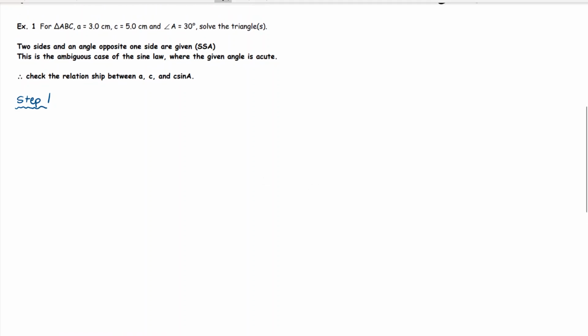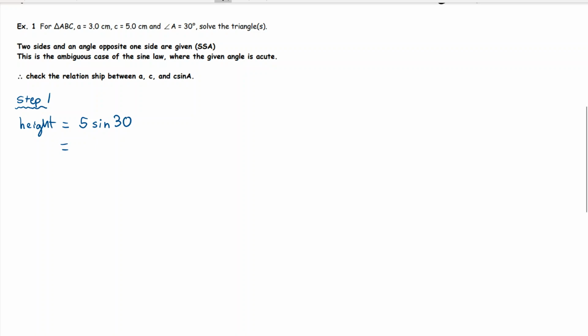So I'm going to look for the height of the triangle, and that's going to equal the opposite side times sine of 30. So the height of this triangle is going to be 5 sine of 30. I need to actually calculate that height first, and then compare it to the opposite side.